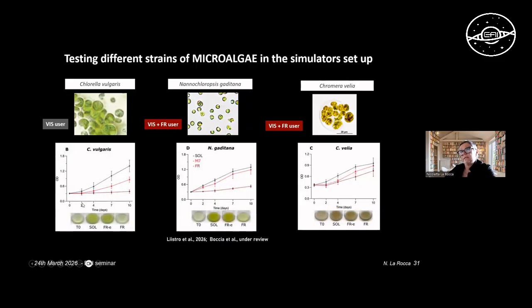We analyzed the capability of these algae to grow under the different light spectra, and we observed that algae that can use red light beside visible light had a much faster, much more efficient growth under the M-dwarf spectrum with respect to the solar one.